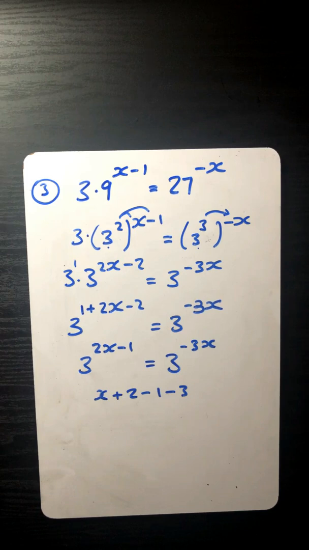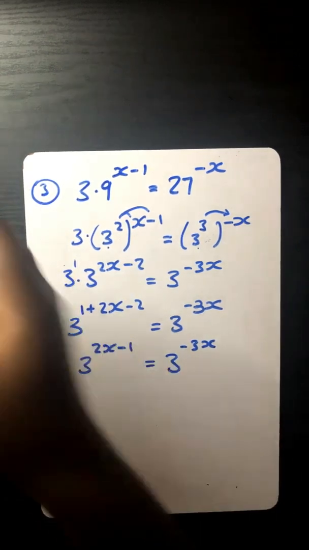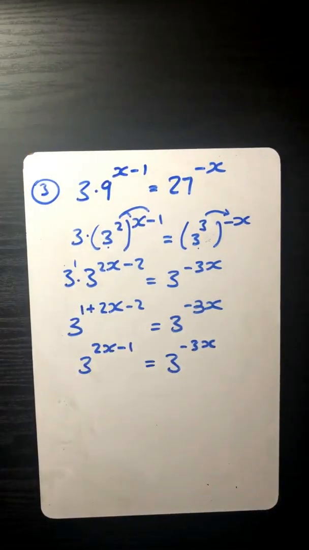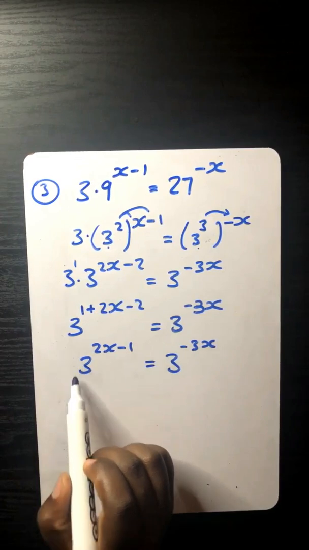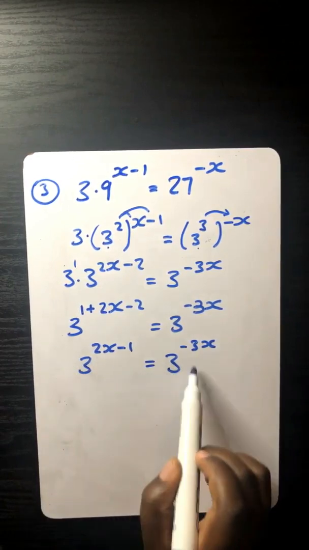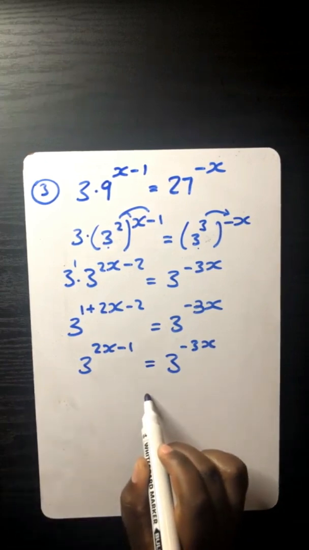Okay, so Shreyas, let me remind you something. Maybe you can write it down as part of your notes. As soon as you say, since the bases are the same, you equate the exponents. So when you equate the exponents, it means you must use an equal sign.